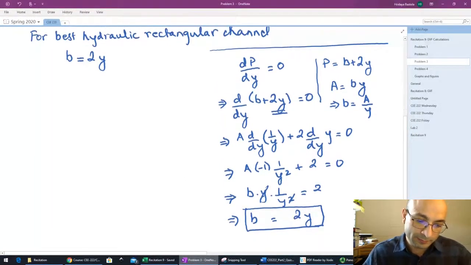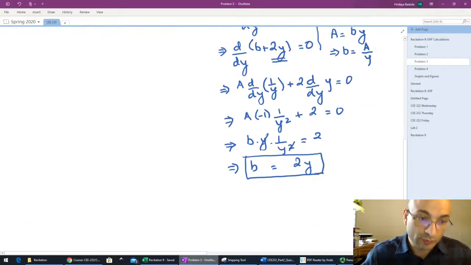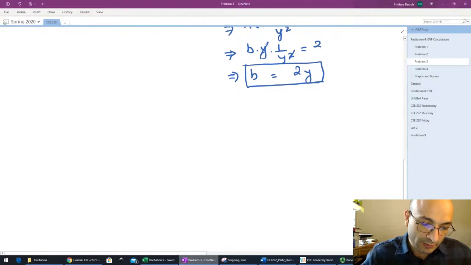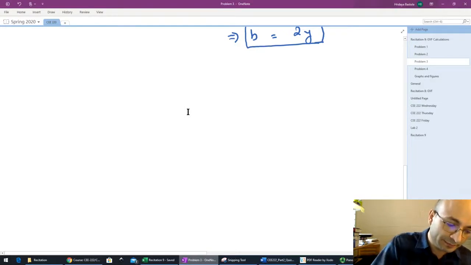Starting with b equals 2y, then we can apply Manning's equation to calculate the hydraulic radius.